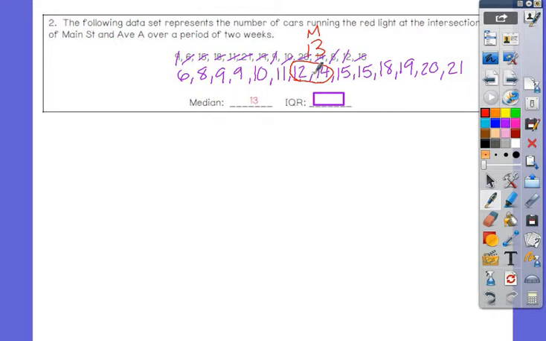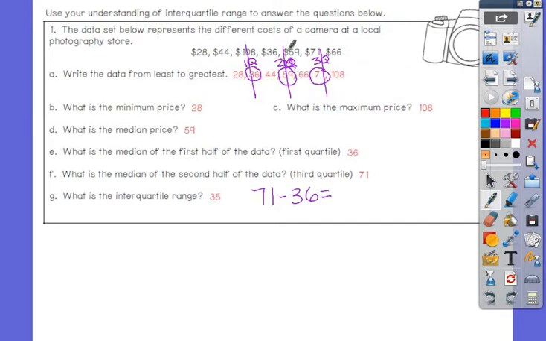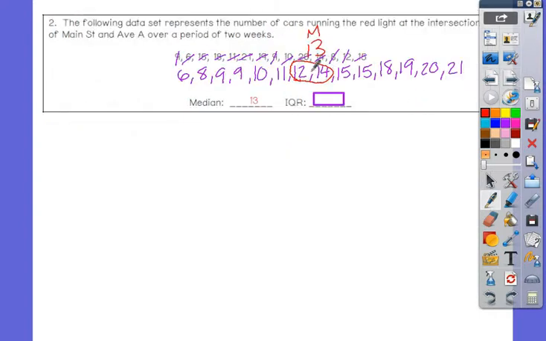Okay, last problem we did, we only had one number as our median, so we did not use that number when we found our lower half and our upper half. But this time I have two numbers with my median, so 13 fell in the middle.